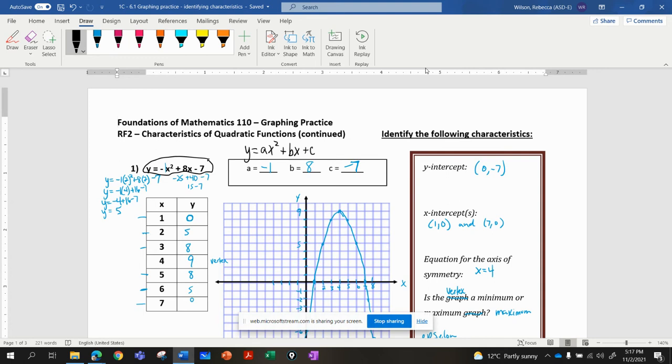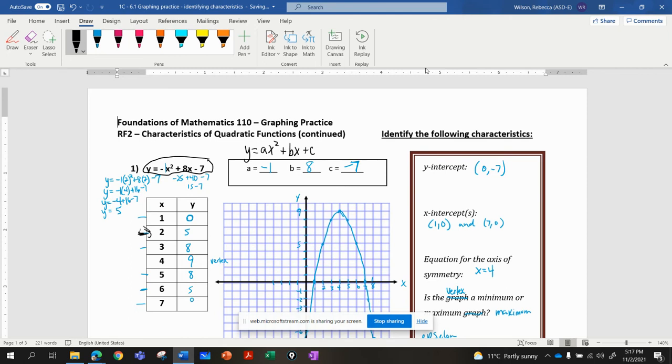So no matter what you plug in, once you square it, you then times it by -1, right? But just follow order of operations. The example I have here right now is for 2. It's all worked out. So notice that anytime I plugged something in, I used brackets. So it was -1 times 2 squared plus 8 times 2 minus 7. 2 squared is 4.